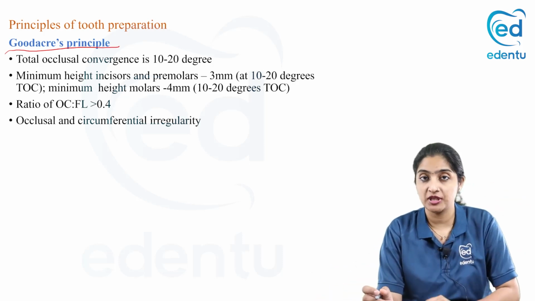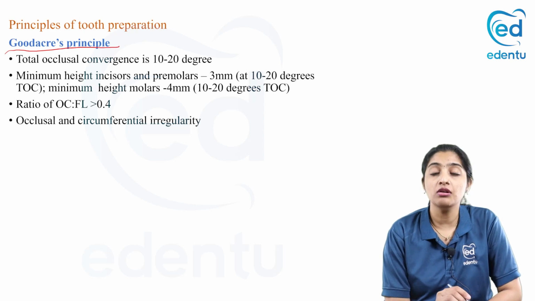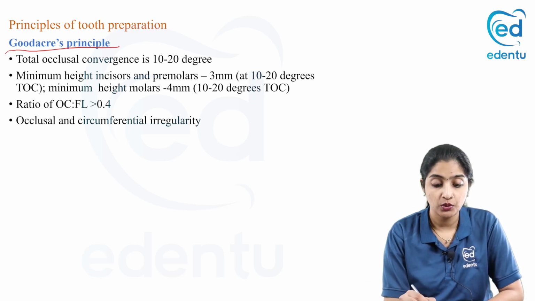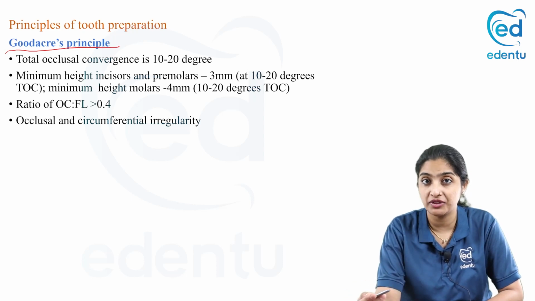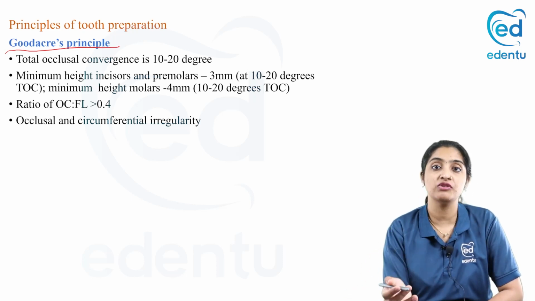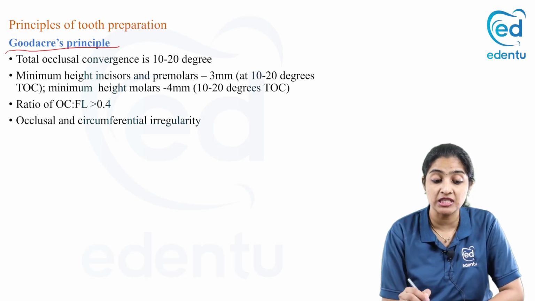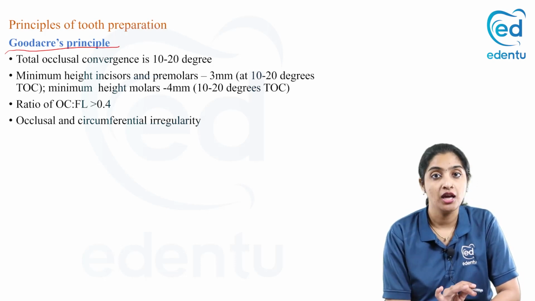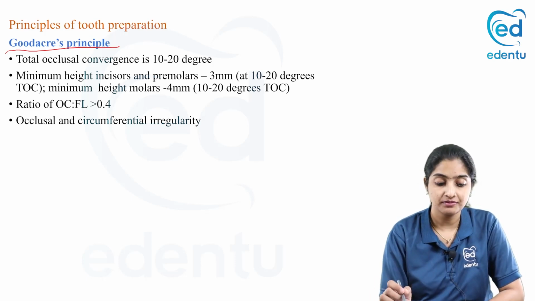So, Goodacre's principles were: the total occlusal convergence should be around 10 to 20 degrees. We will discuss each of these in detail. These were the principles stated by Goodacre, not that it is followed today.